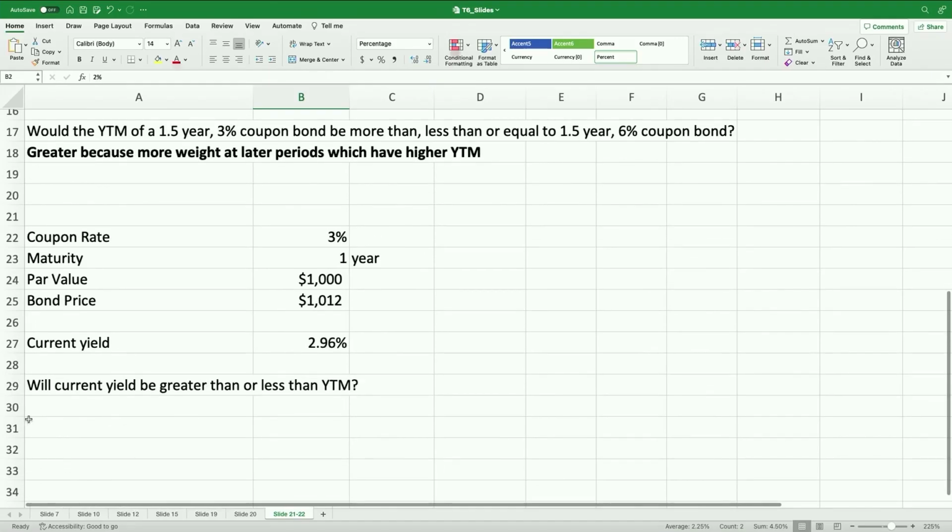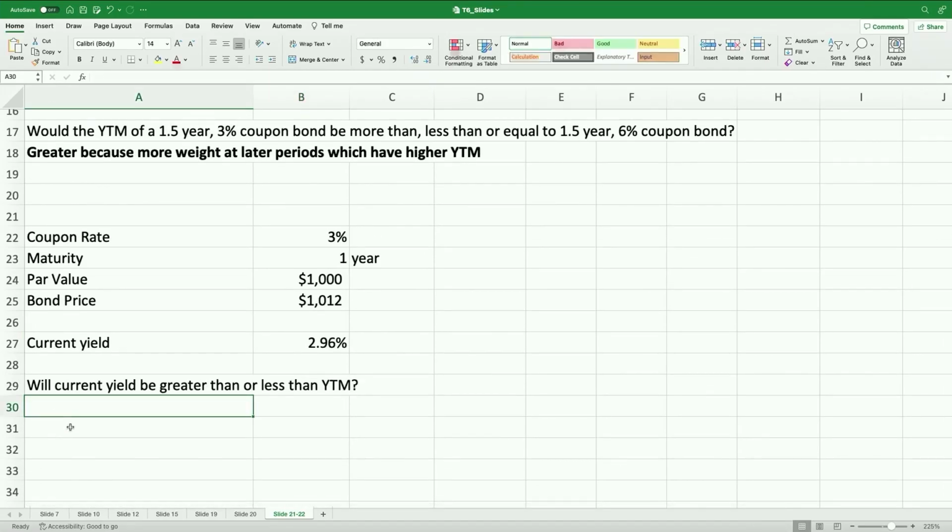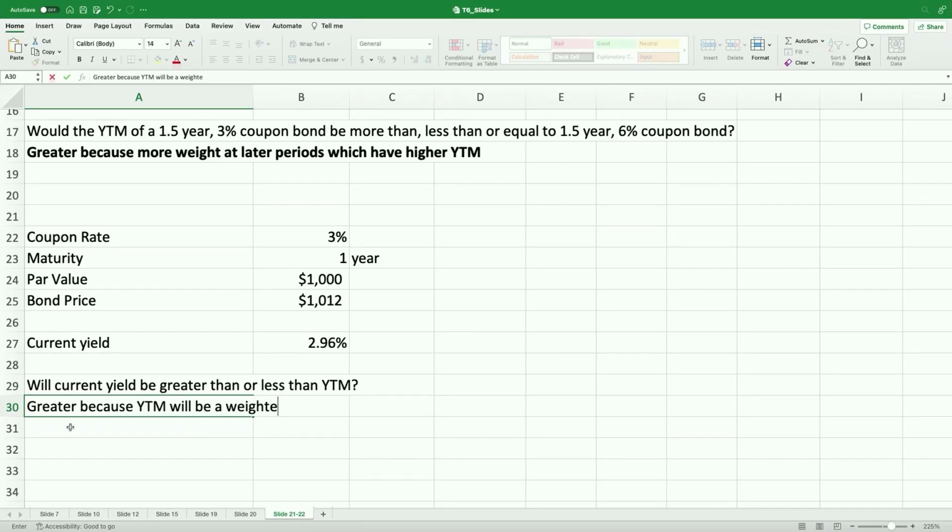Okay. So will the current yield be greater or less than the yield to maturity? It will be greater because the yield to maturity will be a weighted average of 2% and 2.5%.